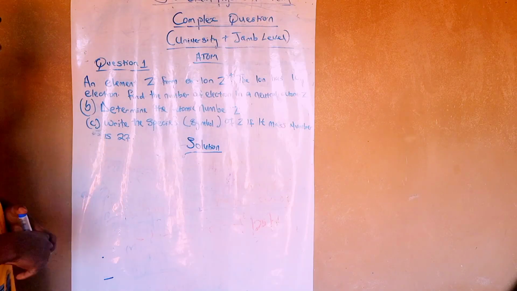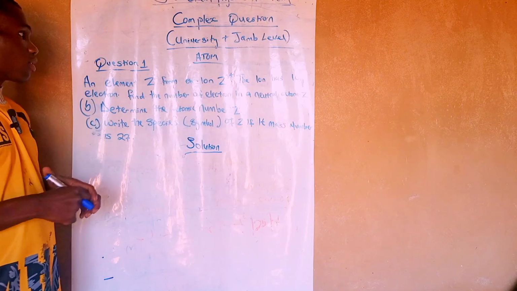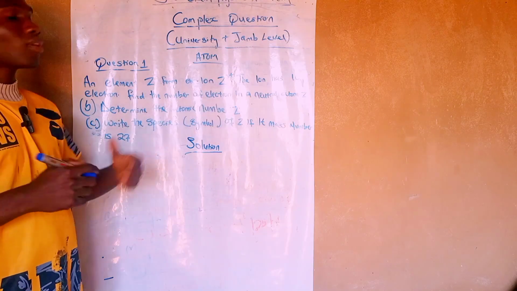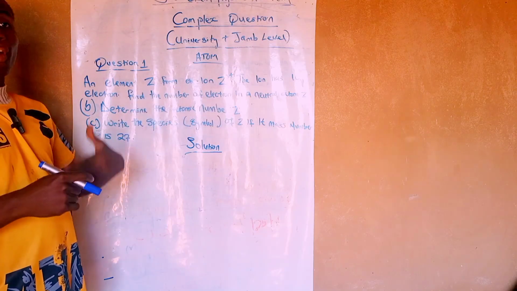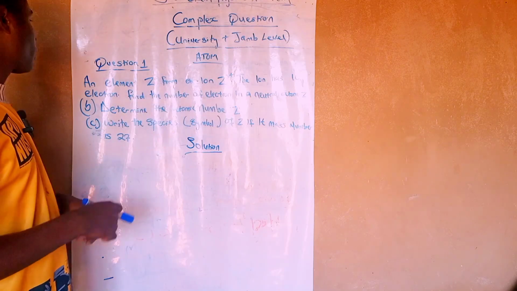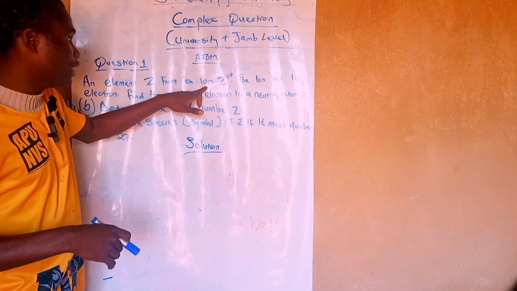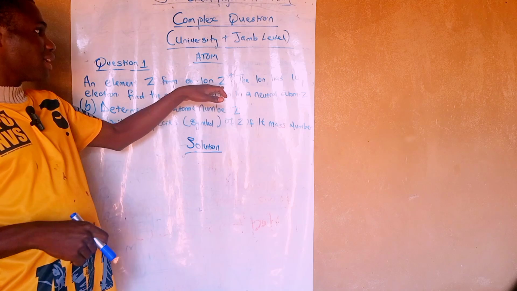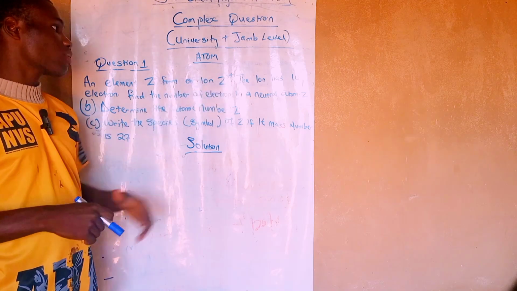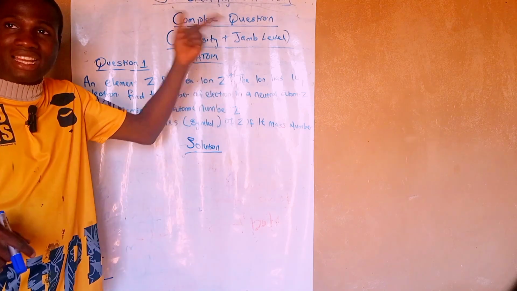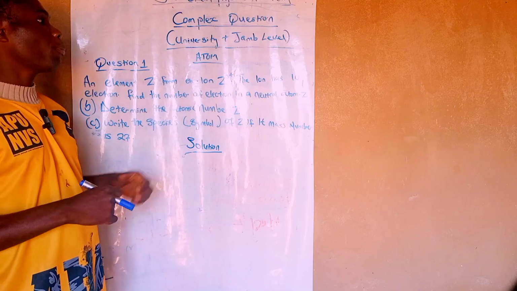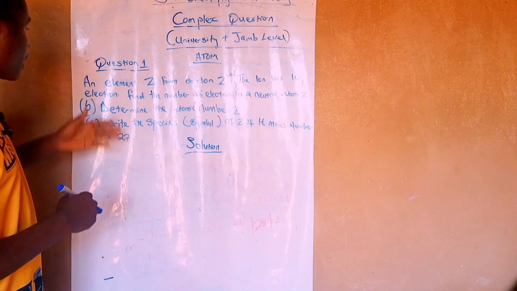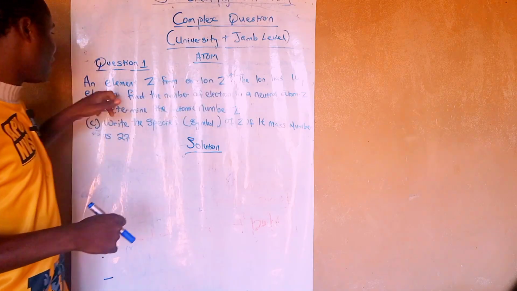In this case, these atoms give out 3 electrons. An element Z forms a 3 plus charged ion. So in this case, this particular atom gives out 3 electrons in order to become positively charged. And the question now says the ion has 10 electrons.